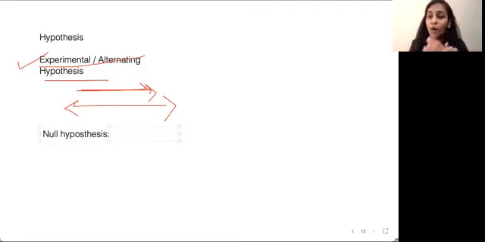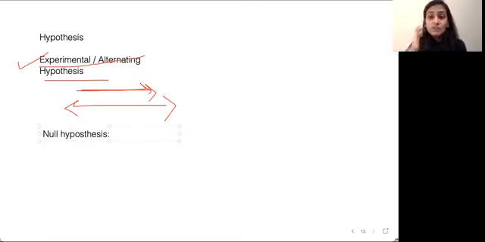So exactly opposite to what you are assuming, that's going to be your null hypothesis. So whatever hypothesis you are making or predicting, that is your experimental or alternating hypothesis. But null hypothesis is exactly opposite, and you tell that there is no relationship between the variables. That is your null hypothesis.